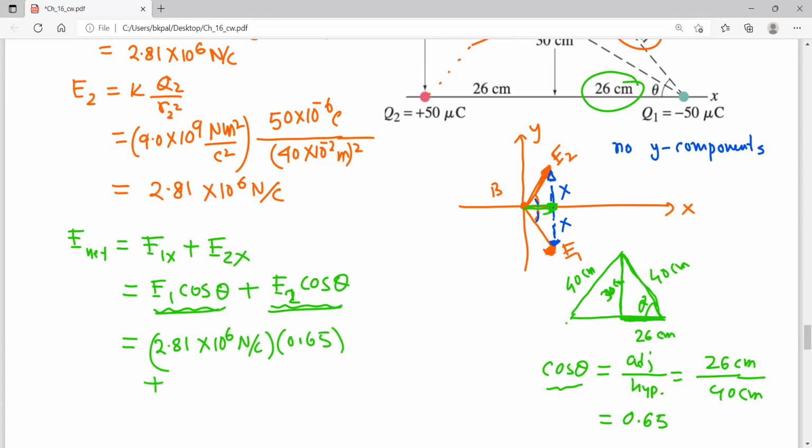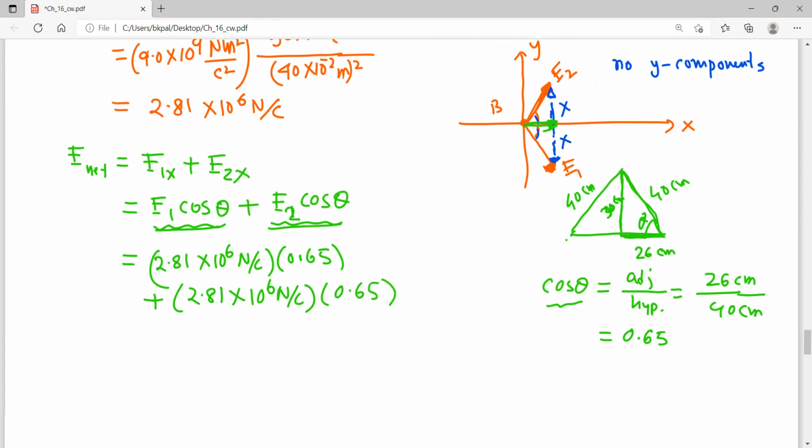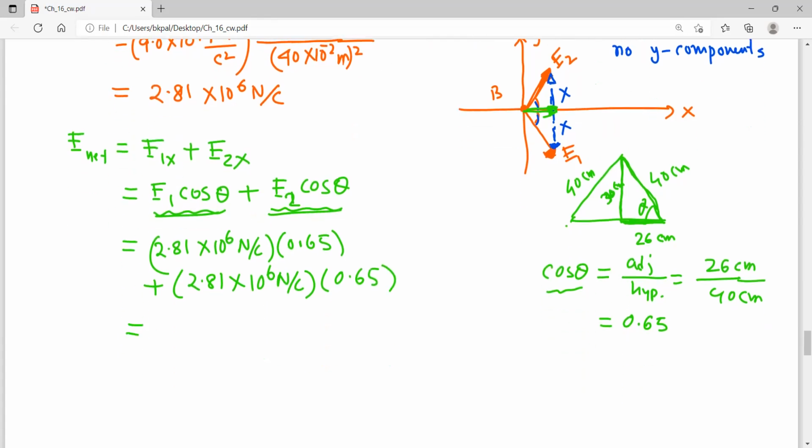Same thing for E2: the value of E2 is the same as E1, and cosine theta is again 0.65. If you plug all these values correctly, it should give you 3.66 times 10 to the power 6 Newton per Coulomb. So the net electric field is this, and of course the direction, because both are in the positive x-axis, to the right, so the direction will be to the right.